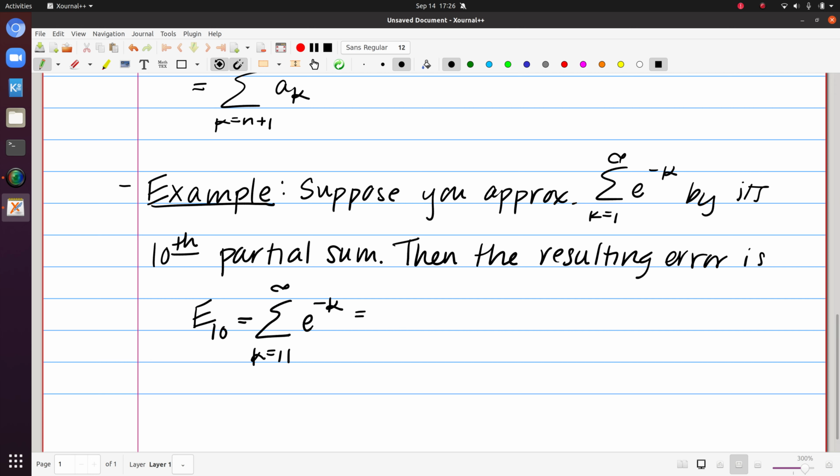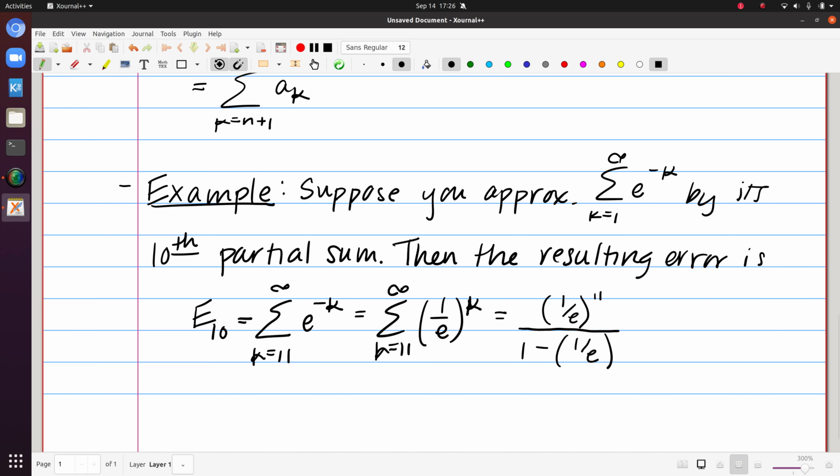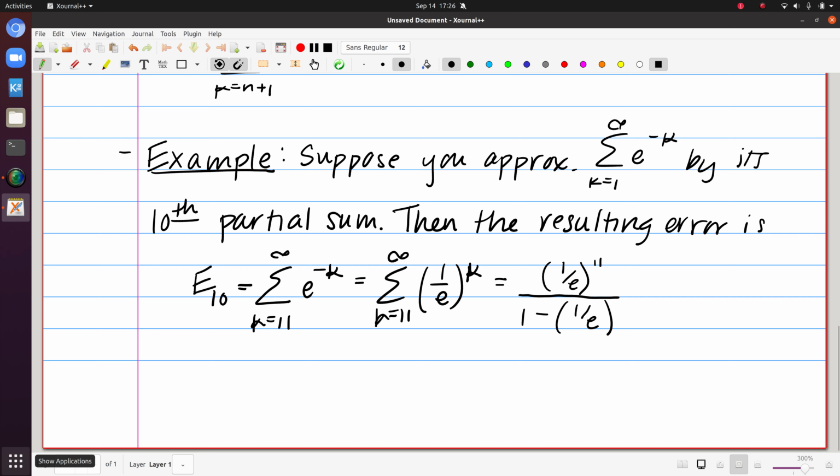However, this is geometric. We could express this as the sum from 11 to infinity of 1 over e to the k. I can see there that my r value in absolute value is less than 1. Therefore, this converges, and it sums to the first term, which is 1 over e to the 11th, divided by 1 minus 1 over e. So when I can find the exact value of the sum, I'm able to find the exact value of the error in such an approximation.